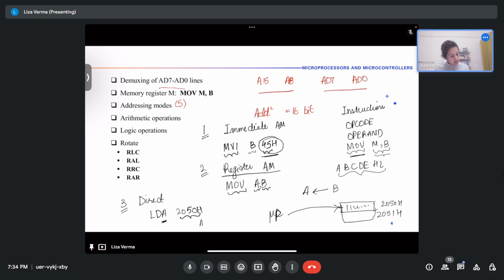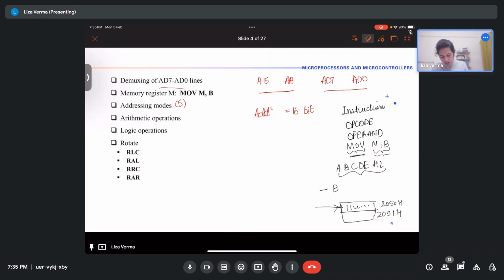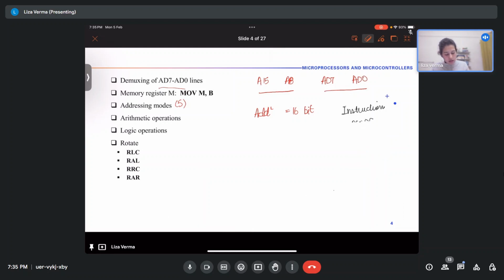So A will get the data of the location that is given as the operand. This was direct addressing mode.